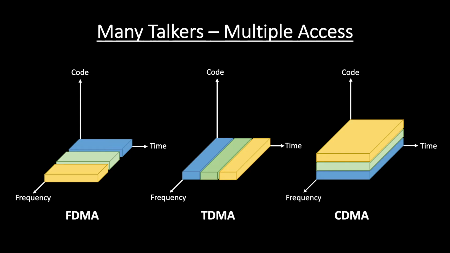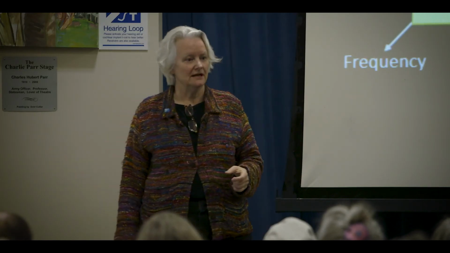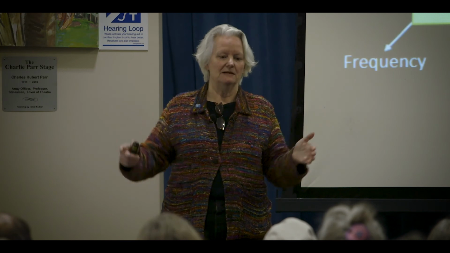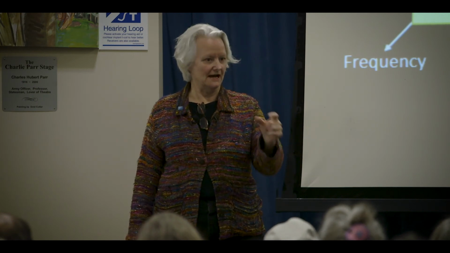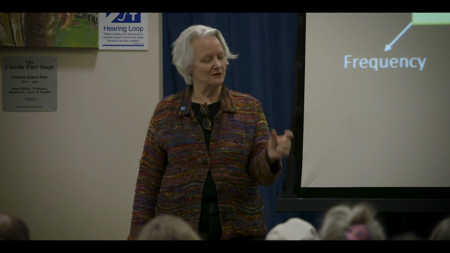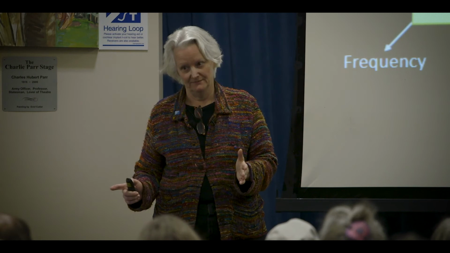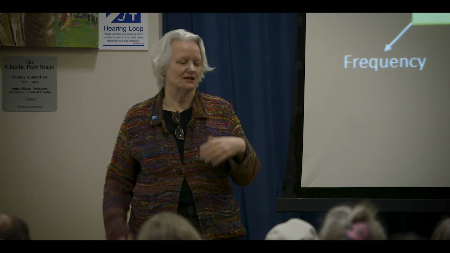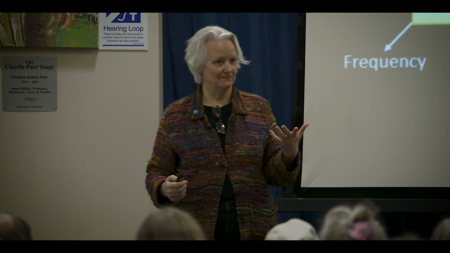You're on different frequencies. I can do time domain multiple access. That's when I chunk up time, and I say, here is my bit time, and the first subsection of it you get to have, and you're always going to transmit all of your pieces in that first, and then you're going to be quiet every other time. That's sort of like having a conversation. I get to talk, then you get to talk, okay?